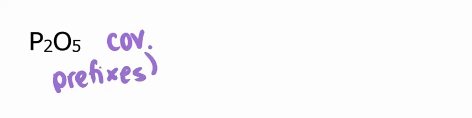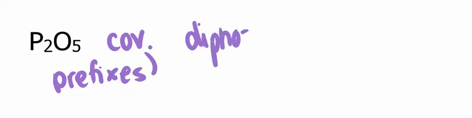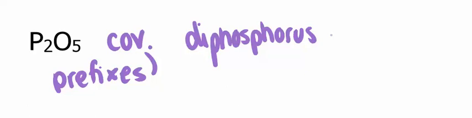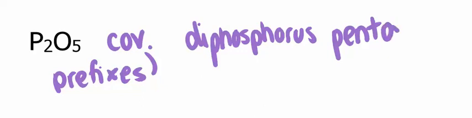And so for phosphorus, I'll say di-phosphorus, and then 5 for the oxygen. And on this one, I'm going to drop the A. Instead of pentaoxide, I'm just going to say pentoxide. I'm not really picky if you know whether or not to drop that A. It kind of comes naturally.